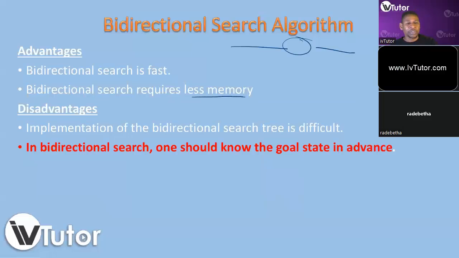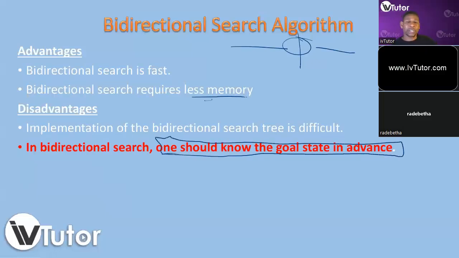It requires less memory, right? If you're using depth, it actually depends on whether you're using depth first or breadth first, right? The implementation is difficult because alignment is everything. Think of the example of a bridge. If you go out by 5 centimeters on the alignment, then that's not going to be a good bridge, right? So you need to know the goal state in advance before you use a bi-directional search.